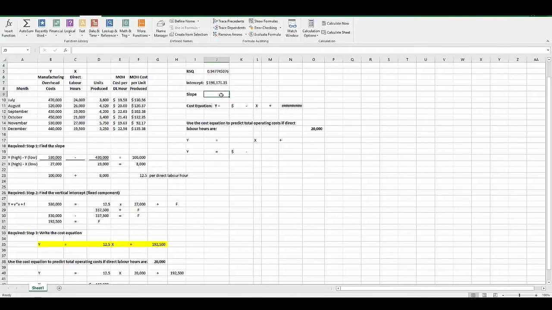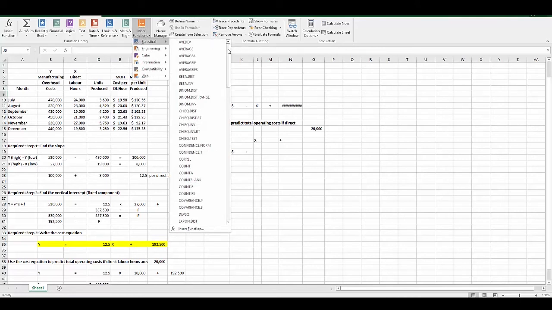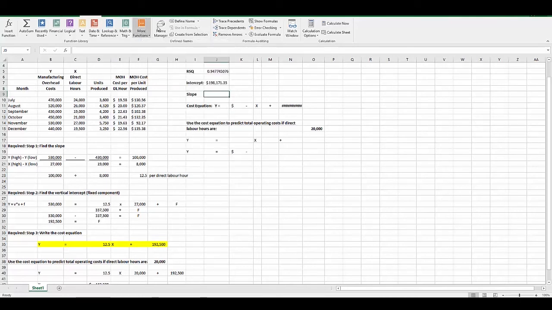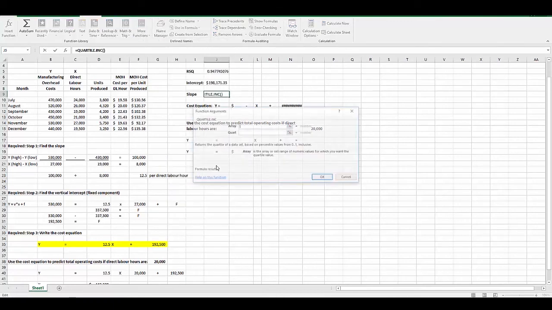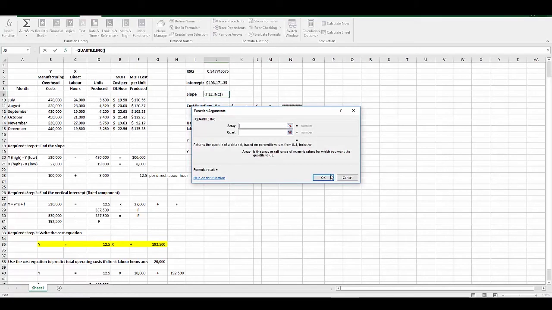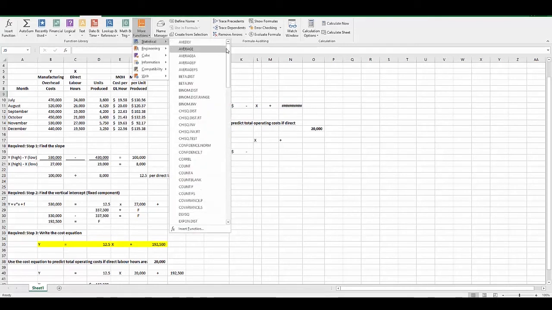The next thing we want to do is, of course, calculate the slope. The slope means variable cost. So we come up here, More Functions, Statistical, and now we are scanning down. Oops, we let that go too quickly. My little mouse is just too fast for me, so we're just going to scan down until we hit slope.